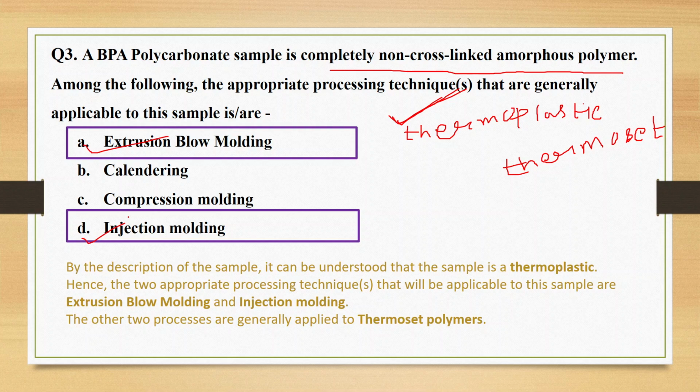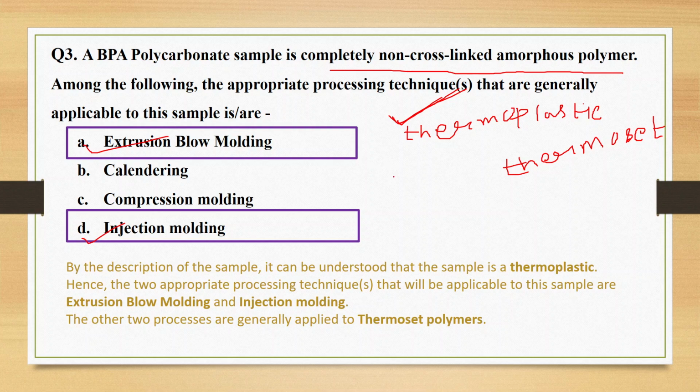In compression molding you can get a certain amount of fluidity by which you can mold these structures. So compression molding is specifically for thermosets, whereas in case of rubber it is specifically called calendering. When we are dealing with rubber, we call it calendering. This separate process was mentioned in the slides as well.